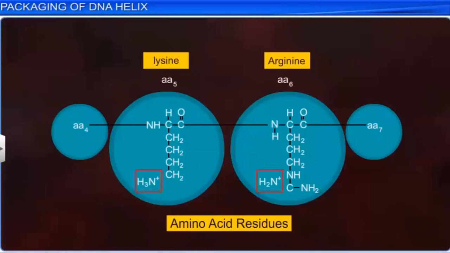Last class we learned about how packaging is done in prokaryotes. Prokaryotes, as we know, don't have a definite nuclear membrane. So in the nucleoid, how are they arranged? DNAs are negatively charged, and the proteins are positively charged.